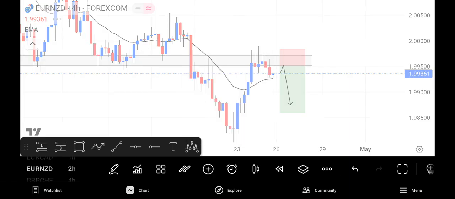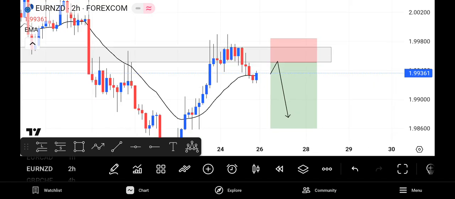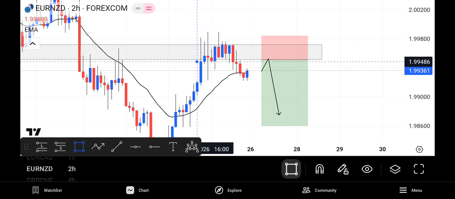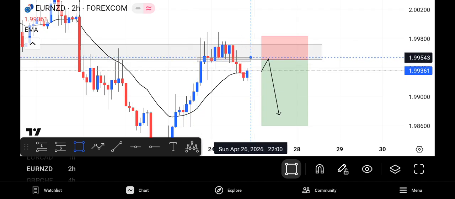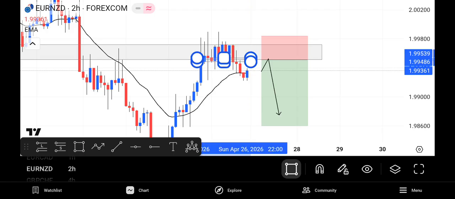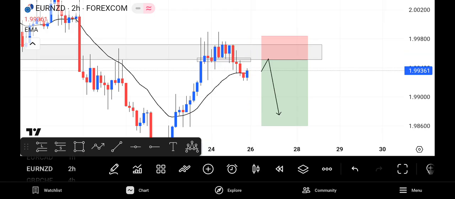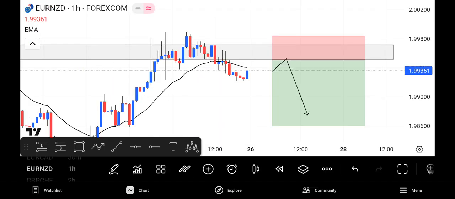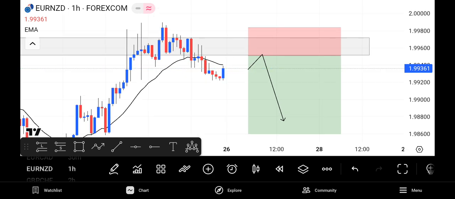So I'm expecting it to push back up to this point right here, because as you can see, the market did some small accumulation points right here, like the market ranging at that point. So I'm expecting the market to pull back up there, so I can take this sell to the downside. If you go to the 2 hours time frame, I think it's looking somewhat clean.